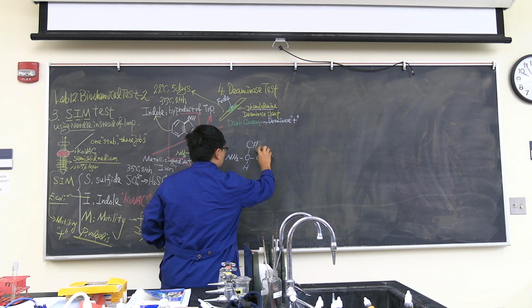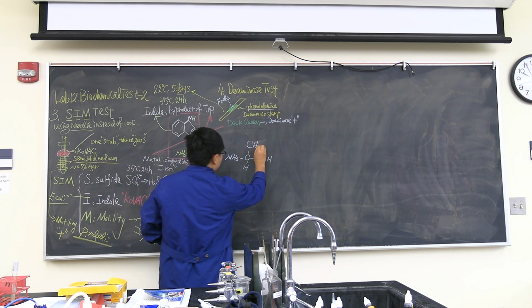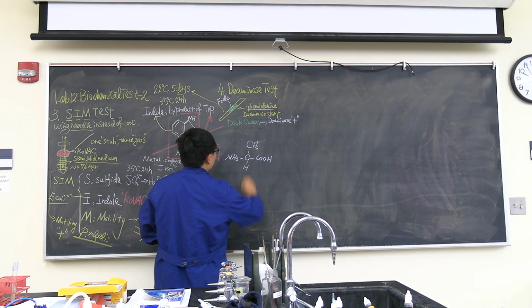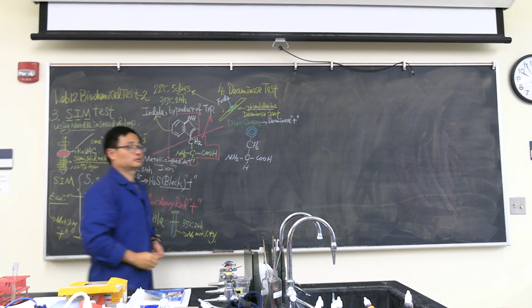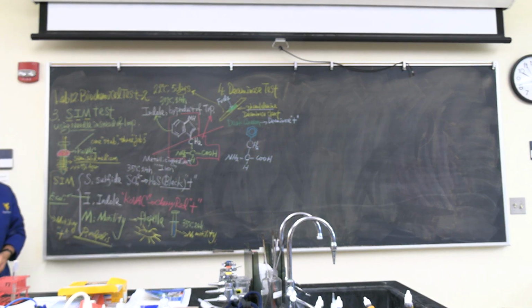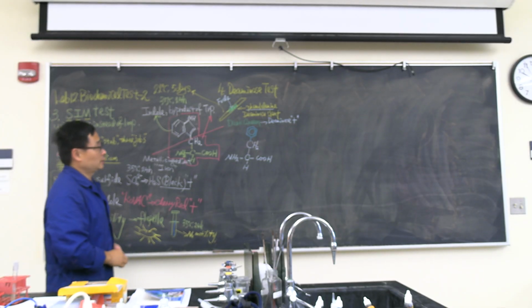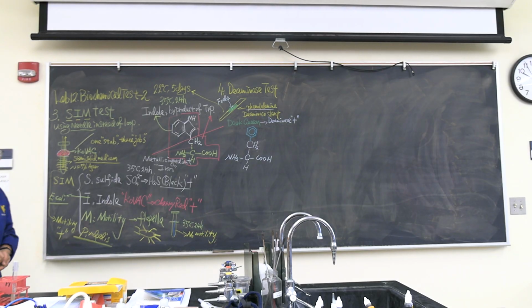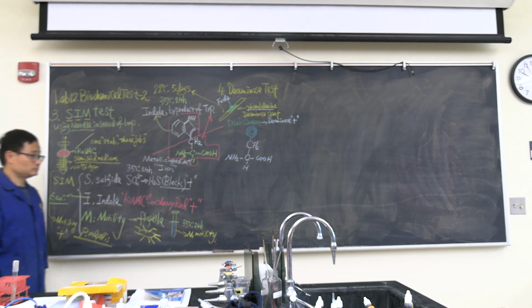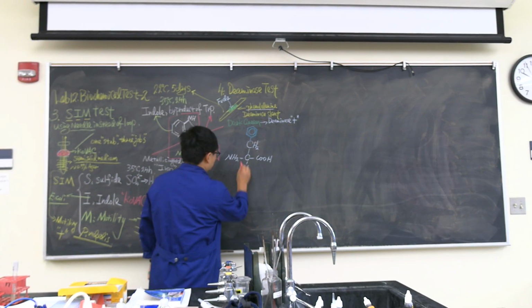We add a phenyl group there. So on the top, you have a phenyl group there. That's phenylalanine. Now what means deaminase? Where is the amino group? It's right here.